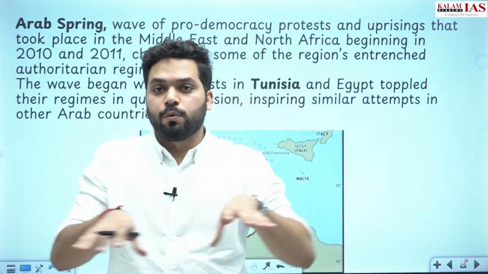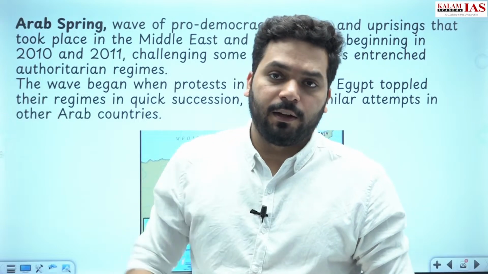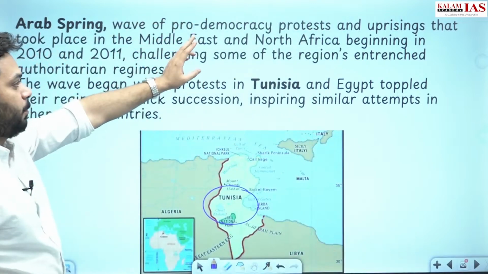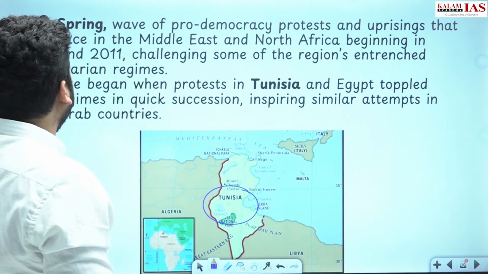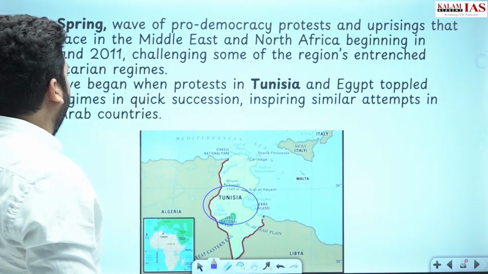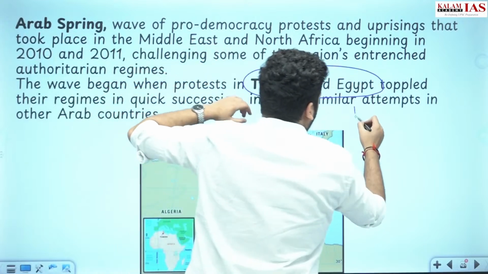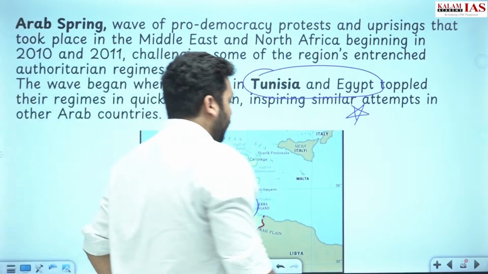It spread to other Arab countries like Egypt and Bahrain in Asia. Okay, the Arab Spring was a wave of pro-democracy protests and uprisings that took place in the Middle East and North Africa beginning in 2010-2011, challenging some of the region's entrenched regimes. It started in Tunisia and Egypt, which you should know while studying about Africa.